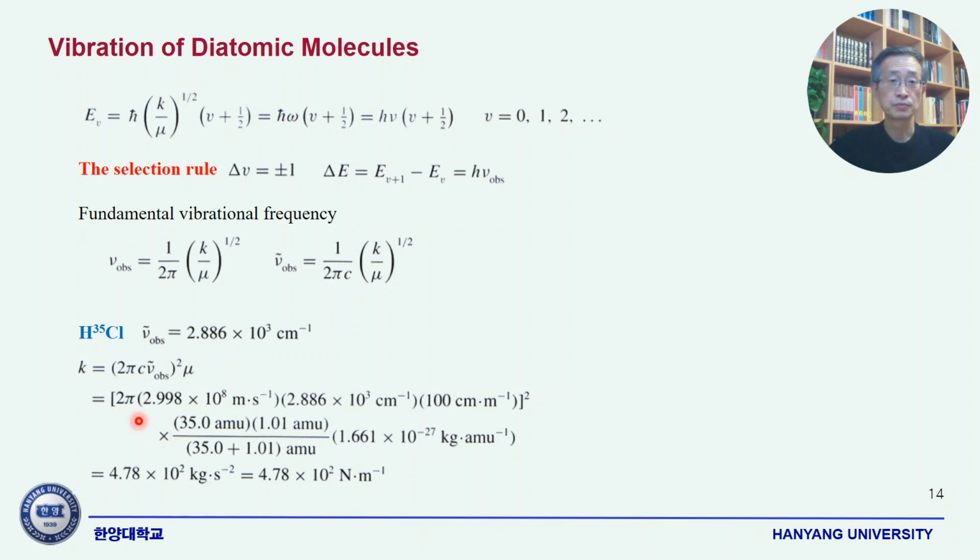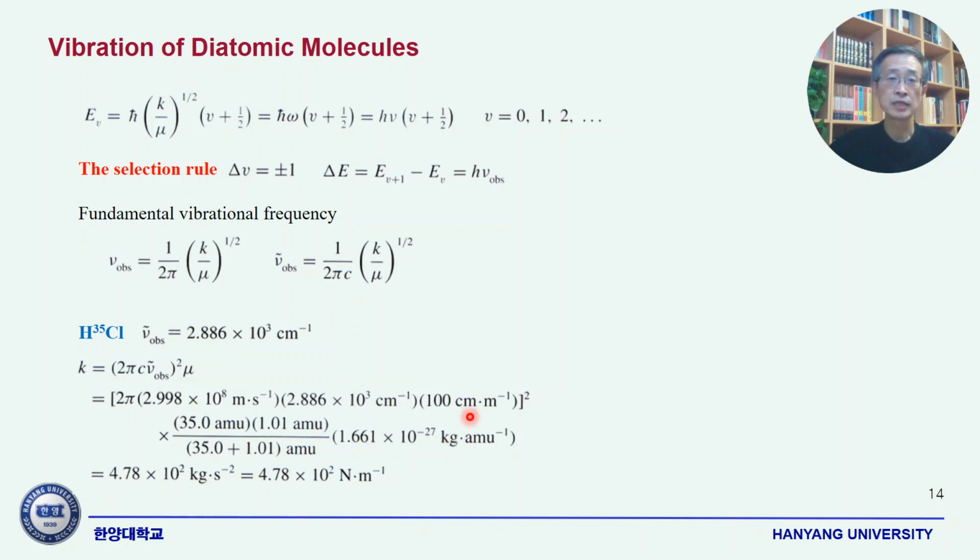Then you put these numbers together: 2 pi, c, and the fundamental frequency. But this is in reciprocal centimeter. In order to obtain Newton per meter units, we need to convert to meter. The reduced mass is in AMU, so this is the conversion from AMU to kilogram.